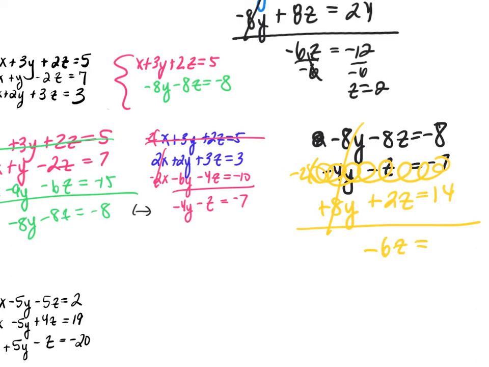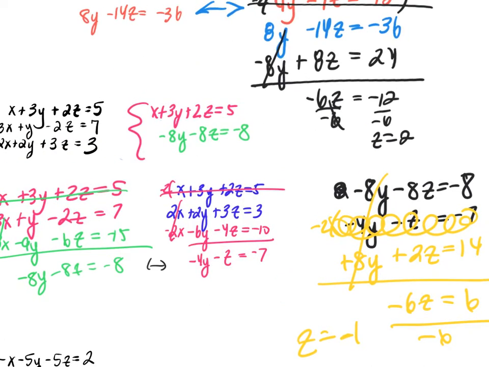Negative 6z equals positive 6. Agreed? Divide both sides by negative 6, and z equals negative 1. So I have right here, z equals negative 1. Okay, guys, there's one of these on the test. There's no reason that I'm not going to give you 5 of these. That would be crazy.